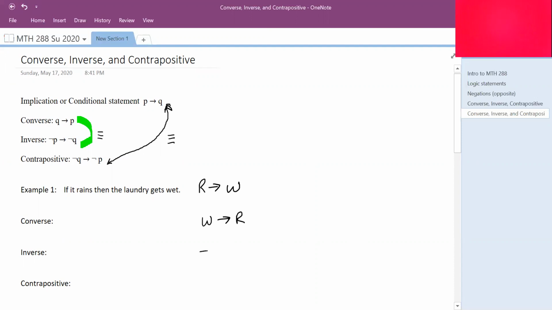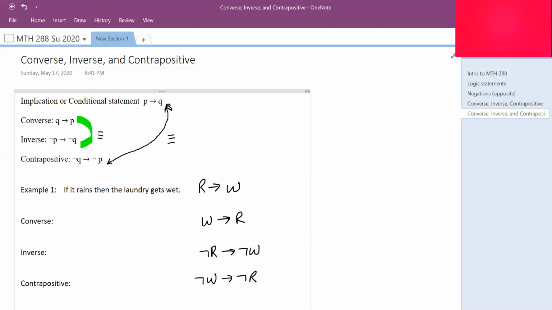The inverse would be to keep them in their same order, but to go to their opposites. And the contrapositive would be to switch both. So the W would come to the front, but would become the opposite.